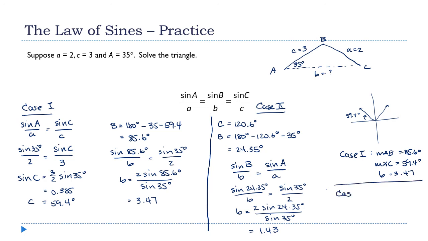And case 2, we got the measure of angle B was 24.35, the measure of angle C was 120.6, and side B is 1.43. Okay, that's all three cases for this so-called ambiguous case.